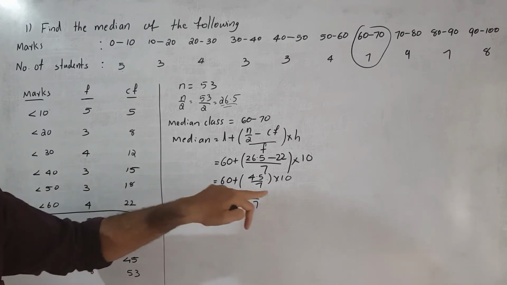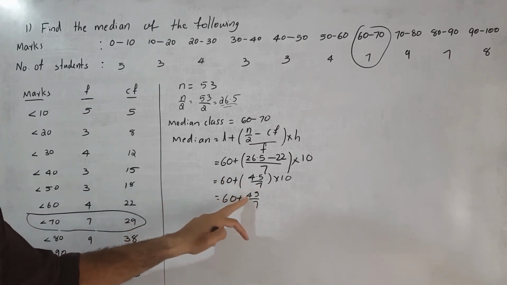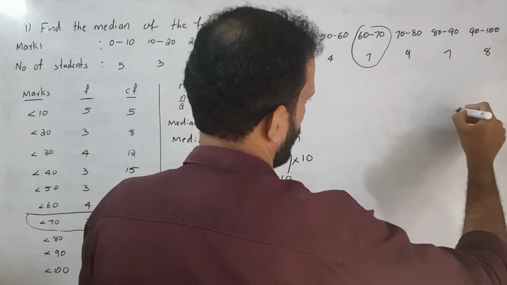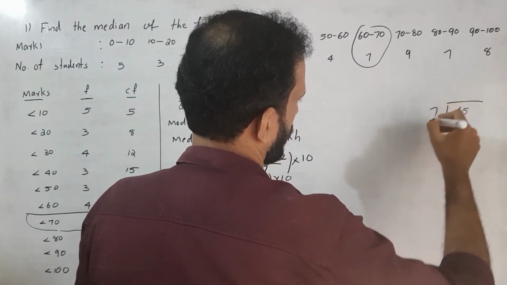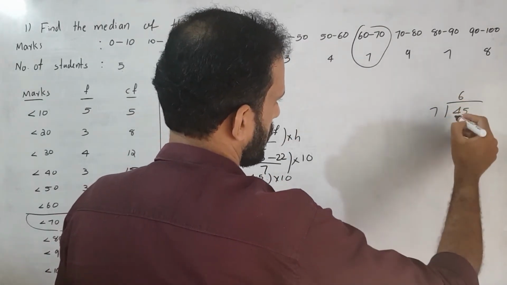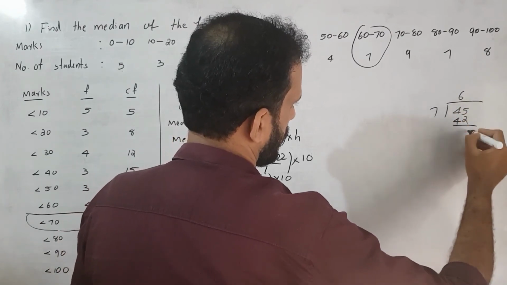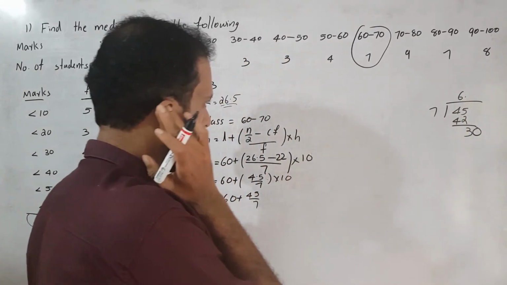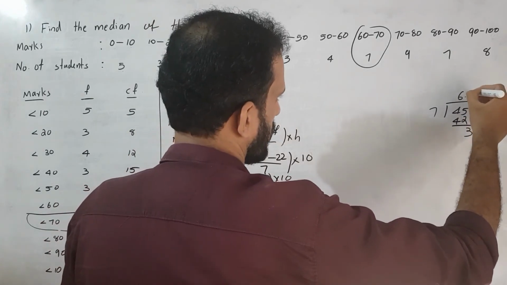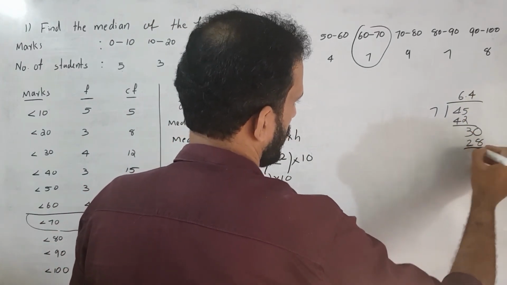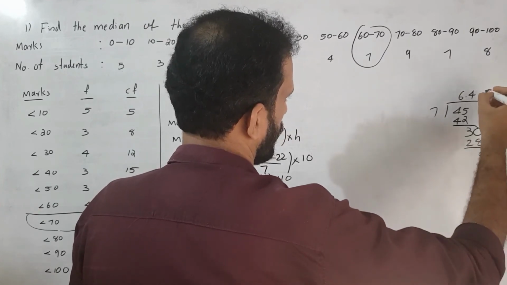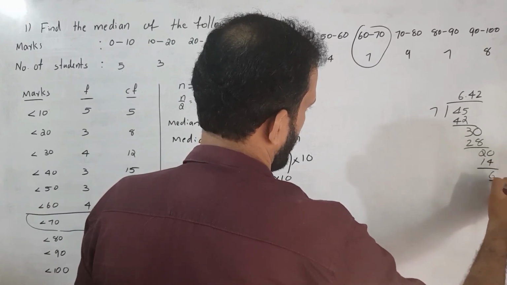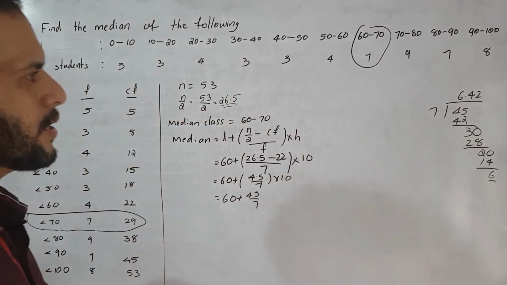Otherwise, first divide 45 by 7, then add 60. Let us do the second method, 45 divided by 7. 6 times is 42, remainder 3. It is not possible to divide, so put a decimal point, 30; 4 times is 28, remainder 2, then 20; 2 times is 14. We stop here, and we get 6.42.